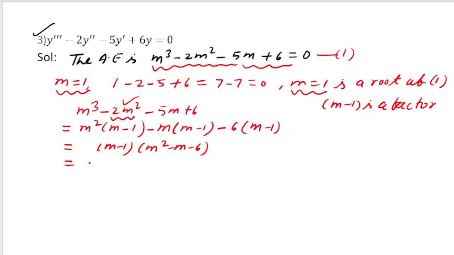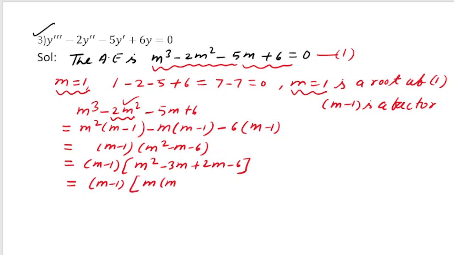So we can further factorize it. That is m minus 1, and this is a quadratic expression, so m square minus 3m plus 2m minus 6. So this will give me m minus 1, and here I can take m common, m minus 3, plus 2 common, m minus 3. Okay, so I got m minus 1 into m minus 3 into m plus 2, right?